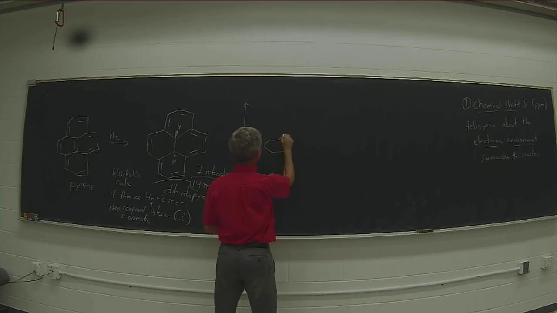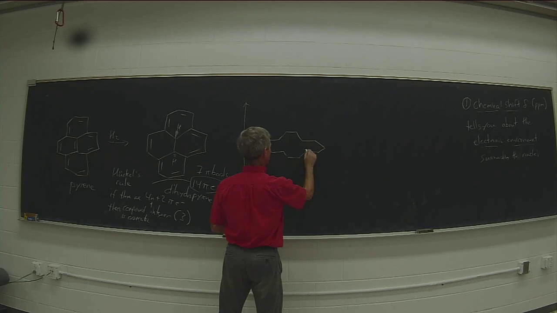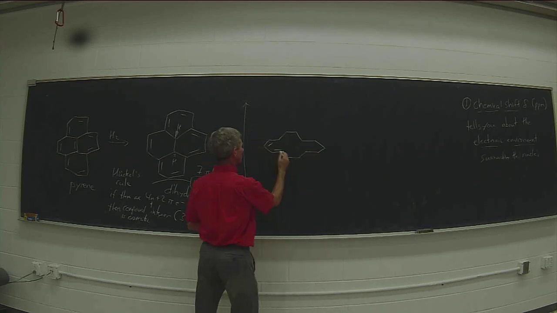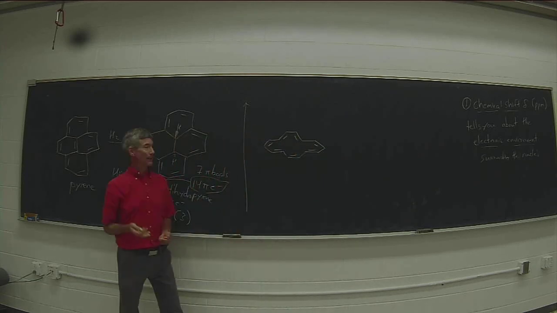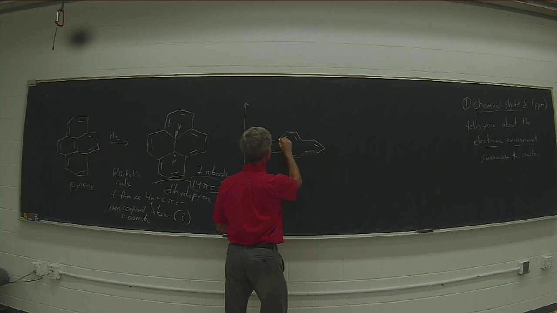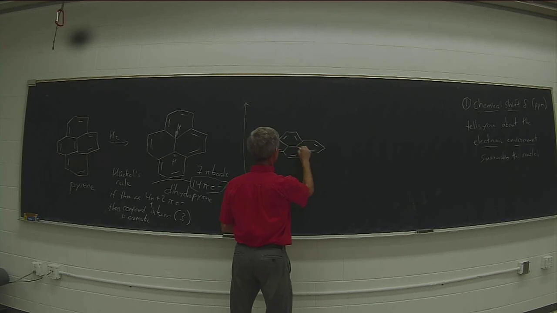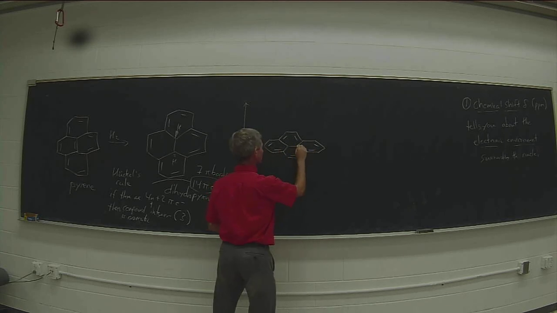and the molecule will orient itself with respect to the applied field perpendicular, the same as a regular benzene ring would. So we've got these hydrogens in the middle here, one of them pointing up, one of them pointing down.